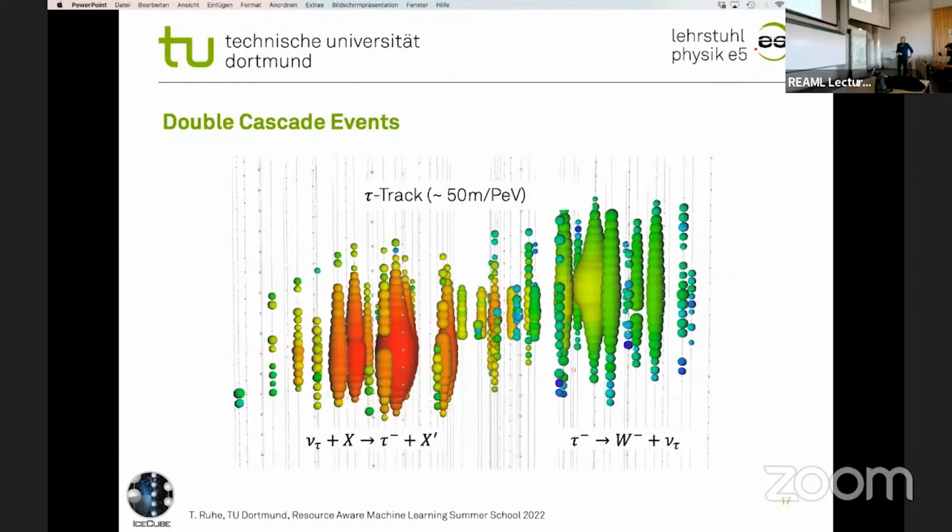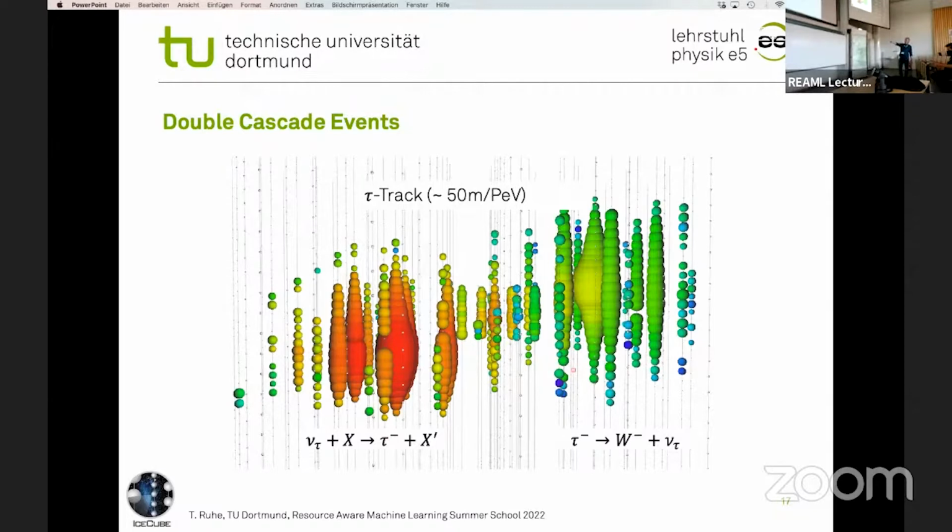Something that's pretty special are double cascade events. These double cascade events are a series of 2 cascades that are connected by a track. And these double cascade events solely originate from the interaction of a tau neutrino.